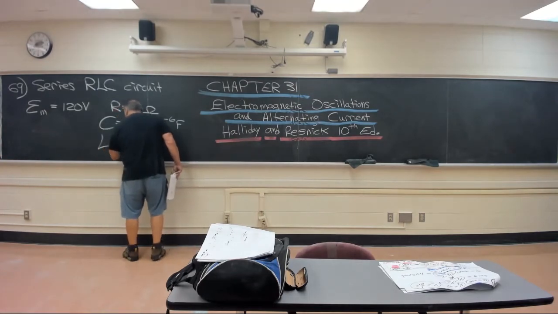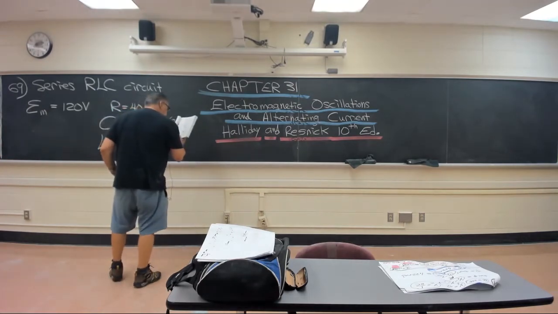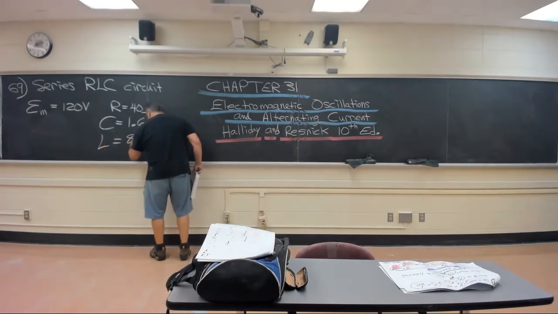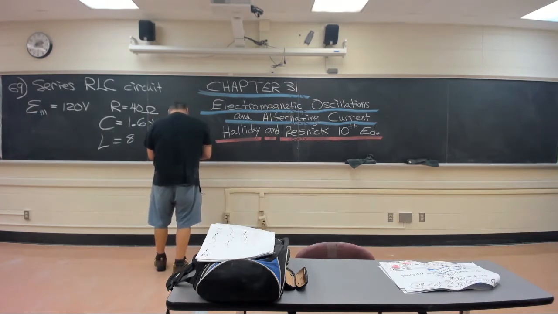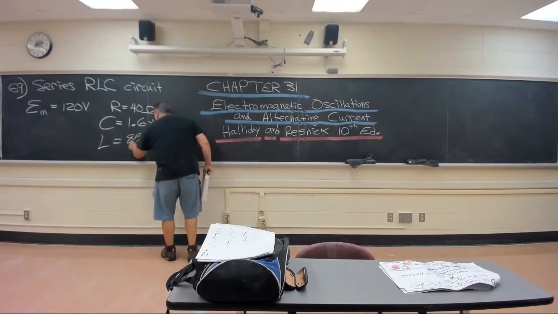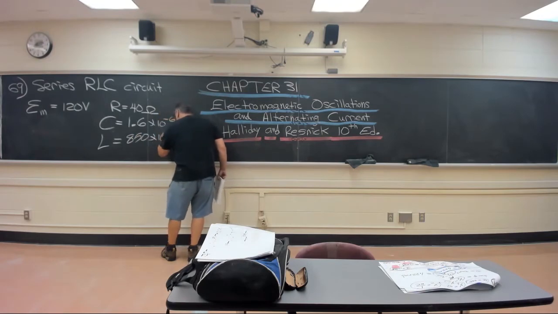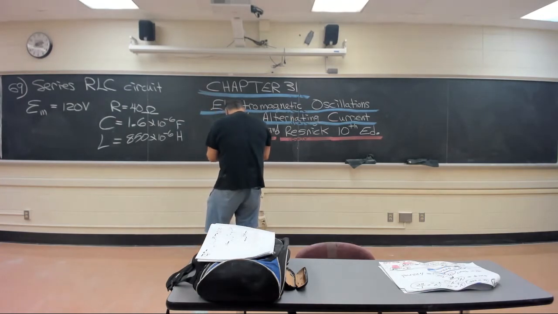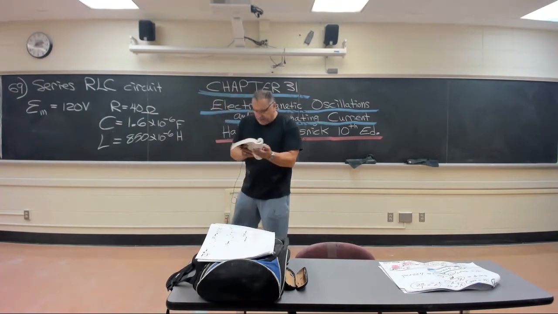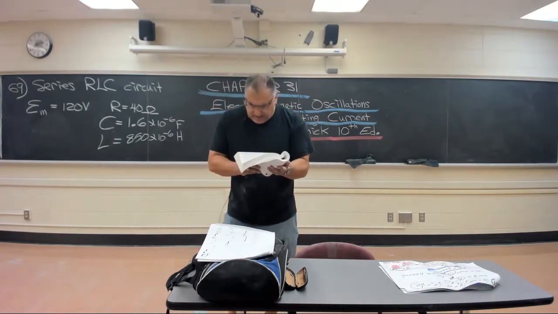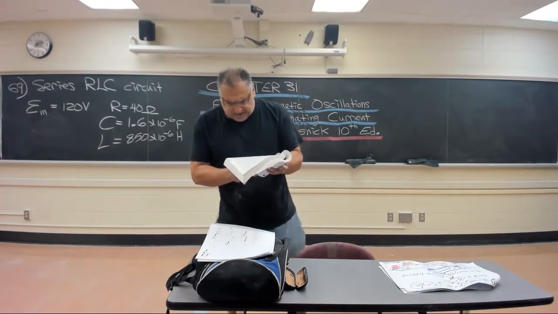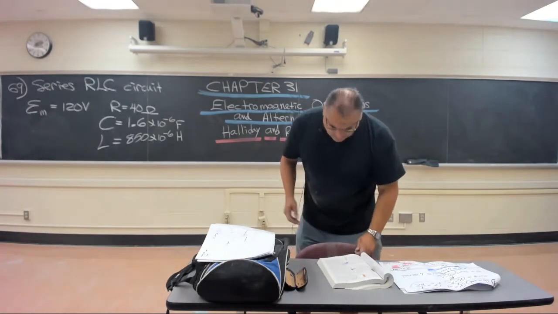The inductance is 850 microhenries. What are A, the phase constant in radians, B, the current amplitude, and C, is the circuit capacitive, inductive, or in resonance? So let's see what we can do here, guys.